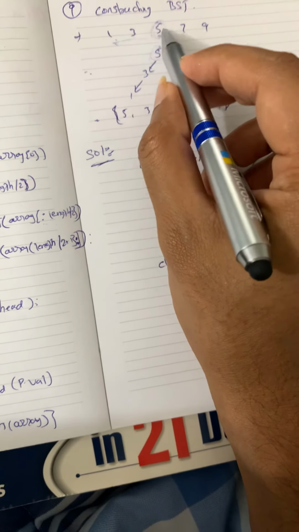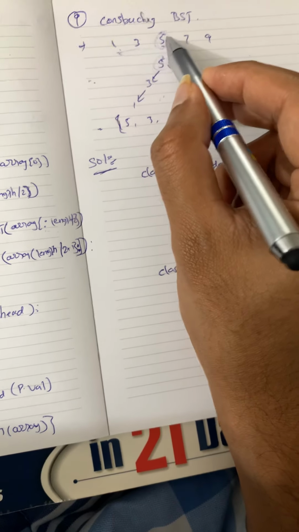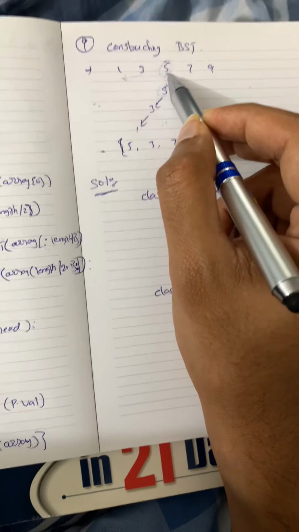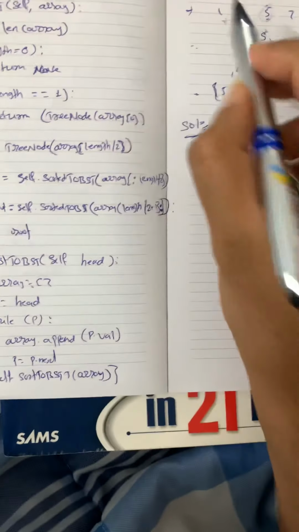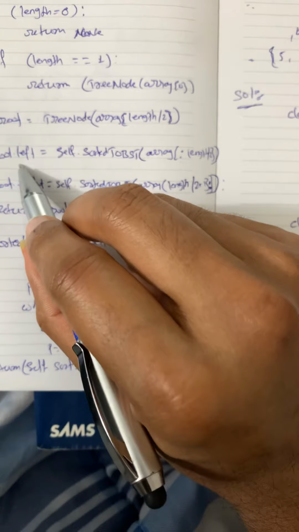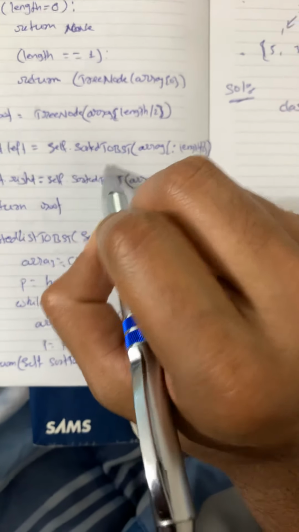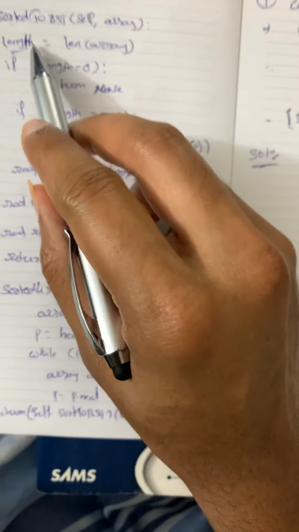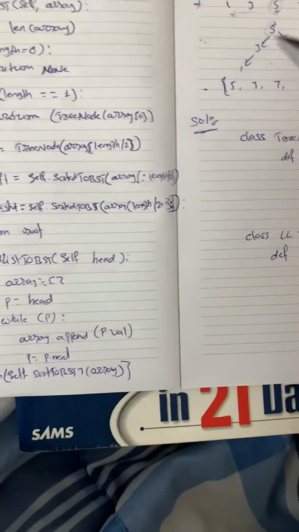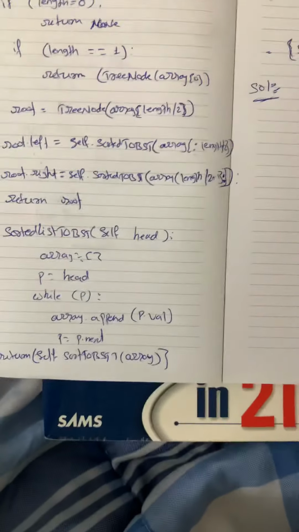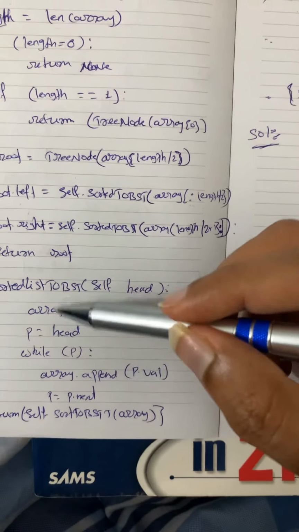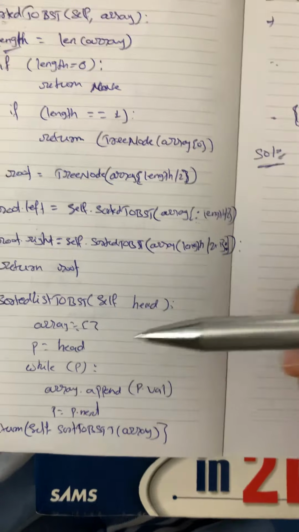So it is an odd number, and it is the second position in our example, index 0, 1, 2. So this is the root, and then root.left equals a recursive call. We are calling the same function recursively and getting the left leaves and then the right leaves, and then we are returning the root element. And here we are converting the sorted list to BST.